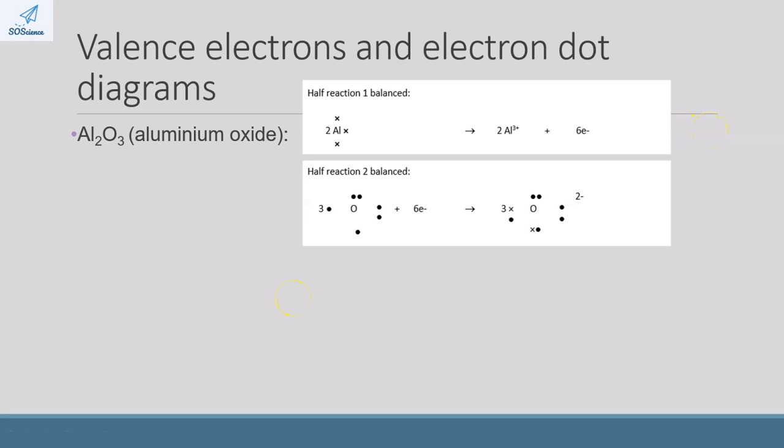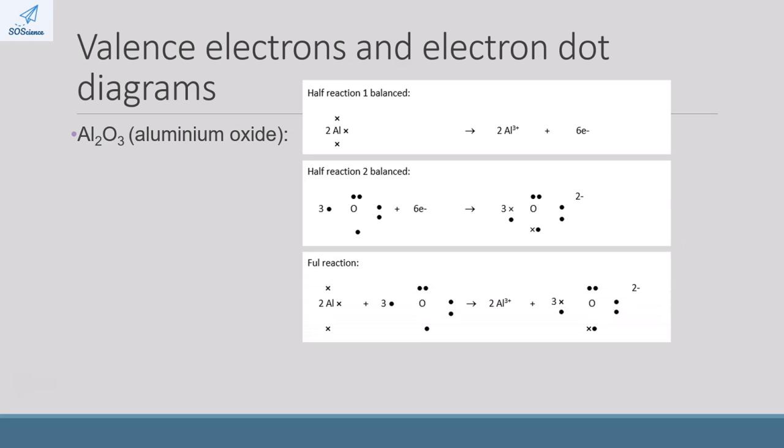The second reaction needs to be multiplied by 3 all the way across in order to reach that same number of electrons, which is 6 electrons. So that means that 3 oxygen atoms in total will need 6 electrons to form 3 oxide ions. Now that our electrons have been balanced, we're happy, and we may move forward to the full reaction.